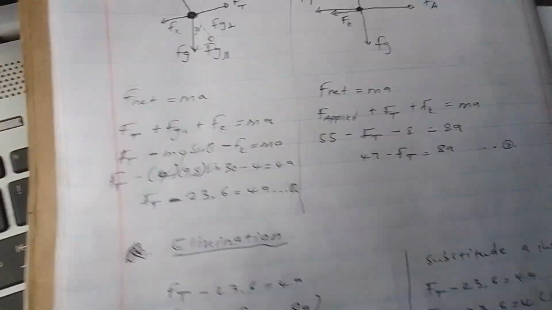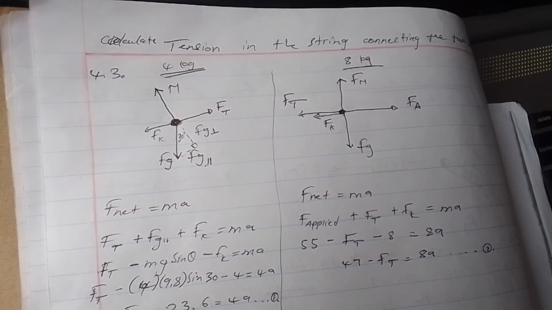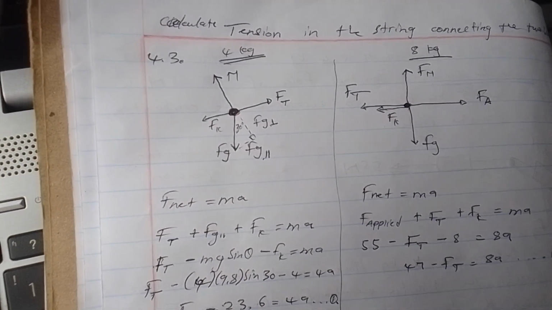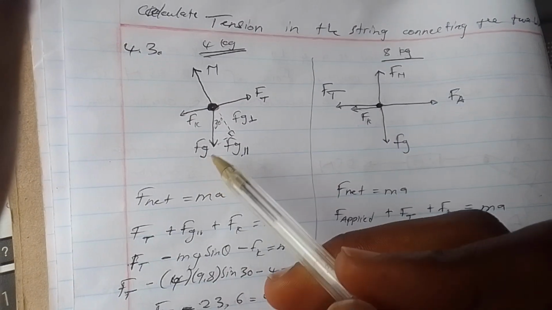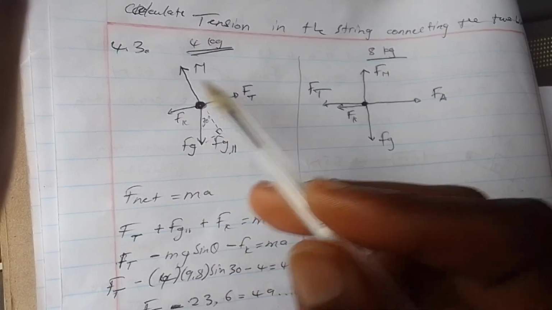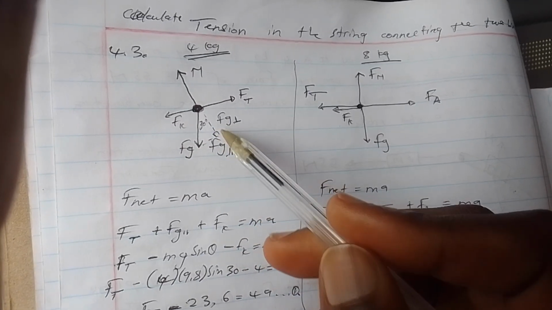So okay, let's go to our questions. Calculate tension in the string connecting the two blocks. So okay, already we have our 4 kg block. This is our free body diagram on our 4 kg block, and you can see now we have components.